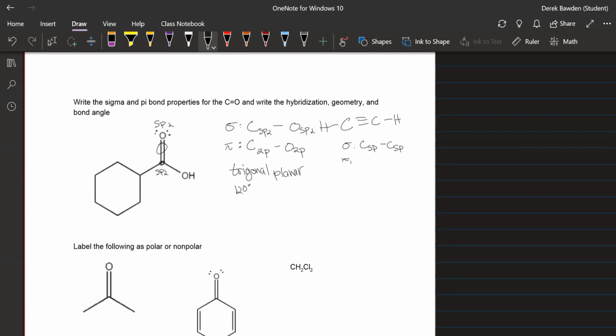Then we'd write pi 1, and again it would be C2p, C2p, and pi number 2 would be C2p, C2p. So for triple bonds, it's just the same. You have to separate them as pi 1 and pi 2. That's the only difference. Perfect.